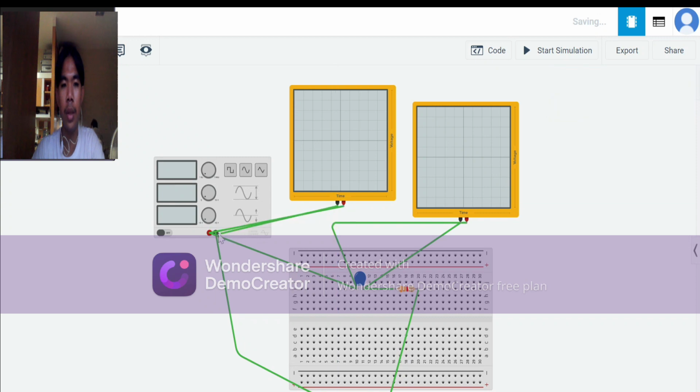We are going to see the charging and discharge.